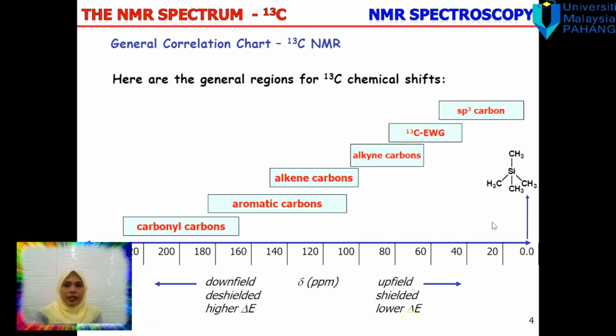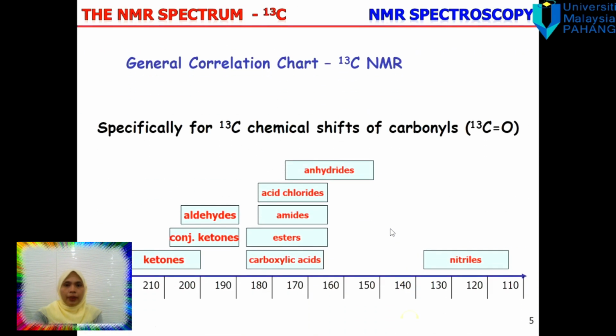The arrangement in the chemical shift scale is also the same. Only the scale is different, which for carbon-13 NMR starts with 0, 10, 20 until 220 or more. Here is the general chart for the C13 NMR.